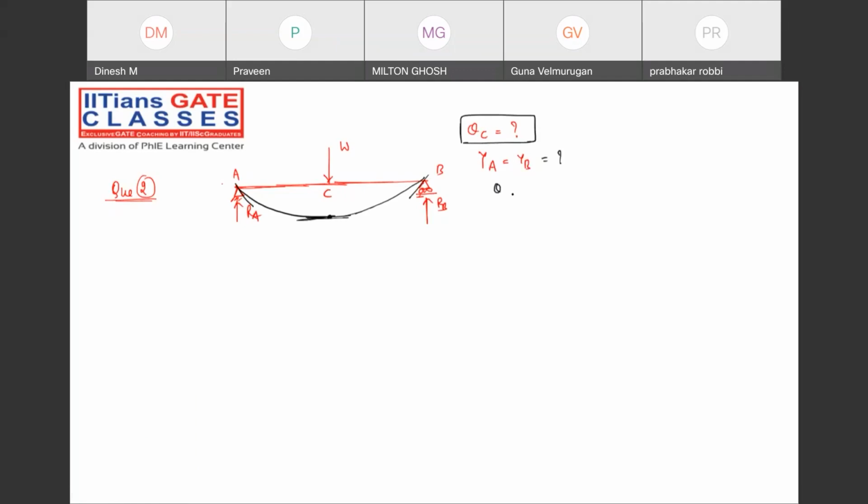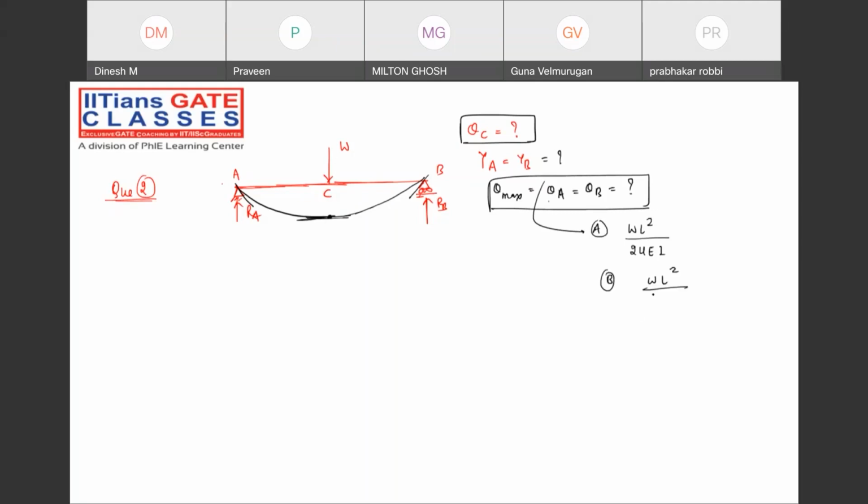So because I just asked you randomly, you can just find. And what is the maximum slope? The maximum slope, of course, for the symmetric loading condition will be theta A, equal to theta B, and that you need to find. For this, I'm giving you option A. W into L square divided by 24 EI.